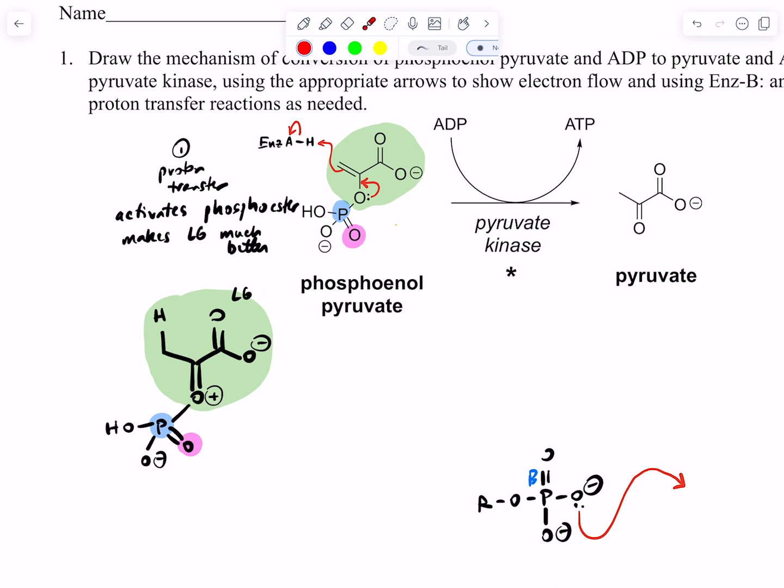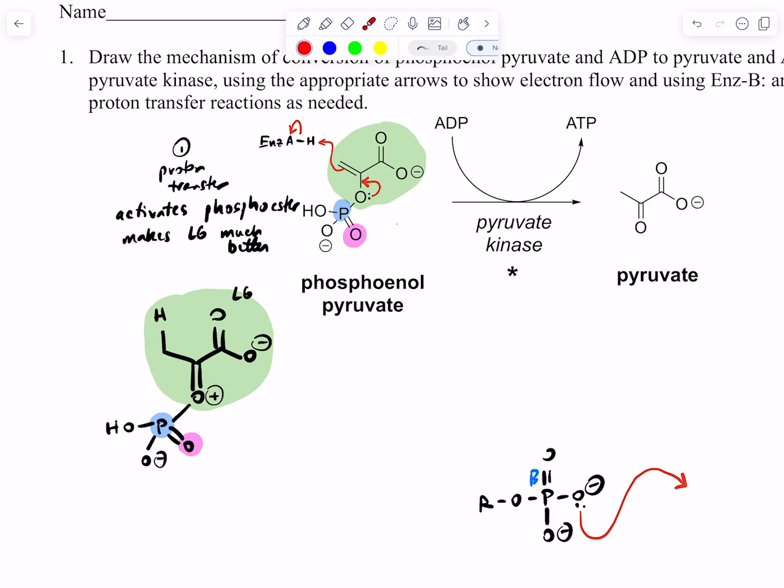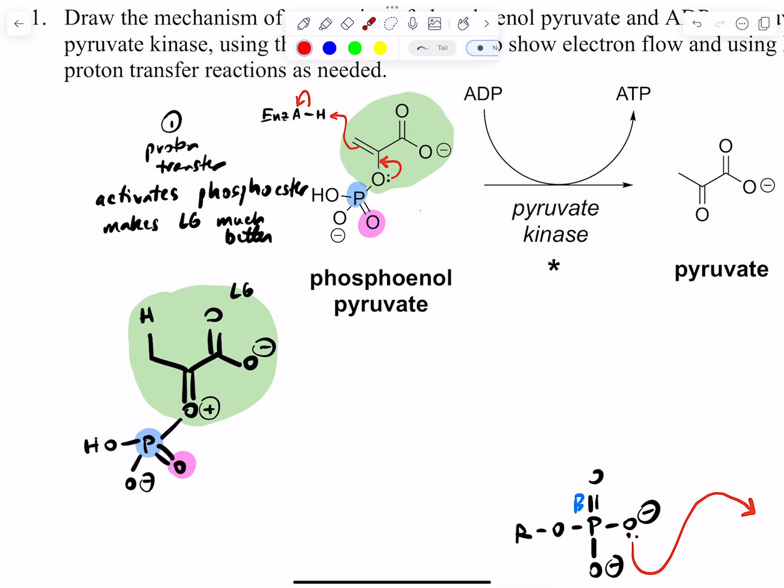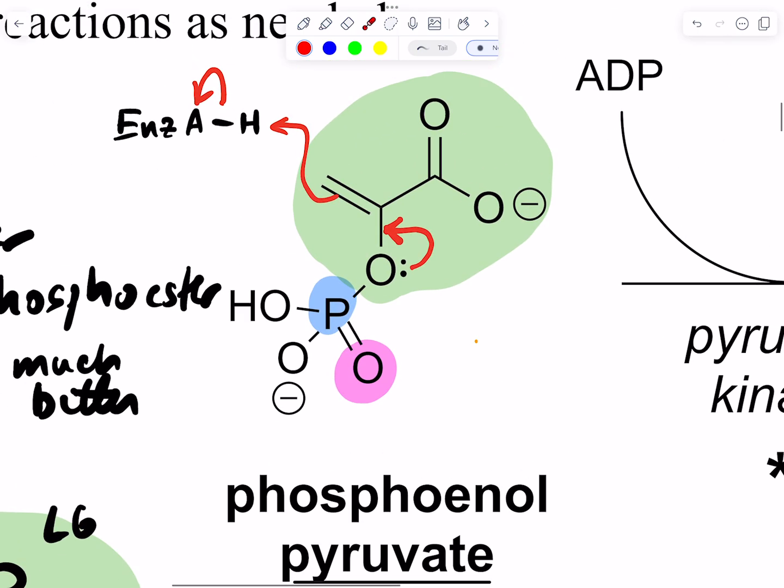Yeah, it makes it so if we did what I was originally drawing, you would imagine kicking off what's in green here as a leaving group. These electrons in the bond between phosphorus and oxygen would go onto this oxygen and it would be negatively charged.